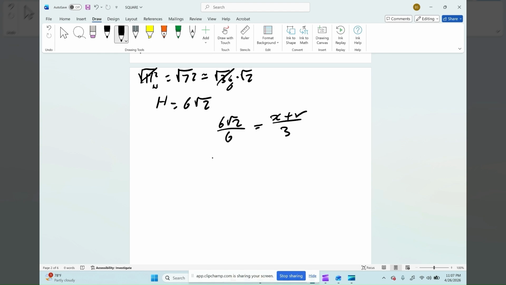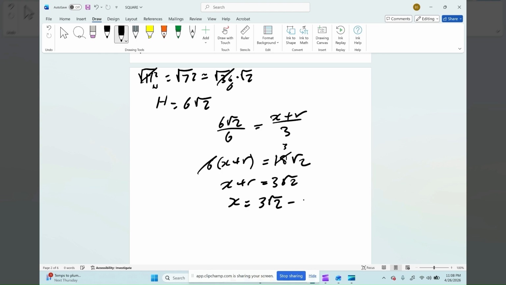We have 6 times X plus R equals 3 times 6 square root of 2, which is 18 square root of 2. Let's divide by 6, then that'll be 3. So now we have X plus R is equal to 3 square root of 2. We know that X is equal to 3 square root of 2 minus R.